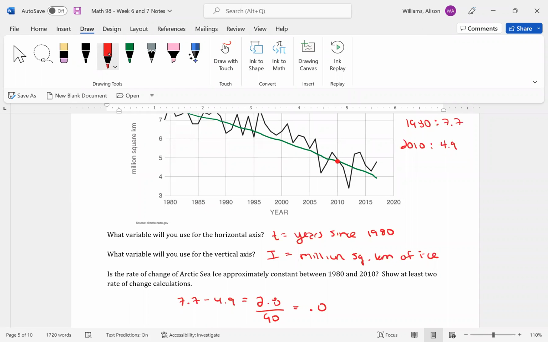Oh, I just realized, technically it's decreasing by this amount. So even though I did 7.7 minus 4.9, I started with the earlier amount and subtracted the later amount. I just realized I treated that like 1800. Wow, that's not 90. Wow, that's so sad. Okay, so start over.